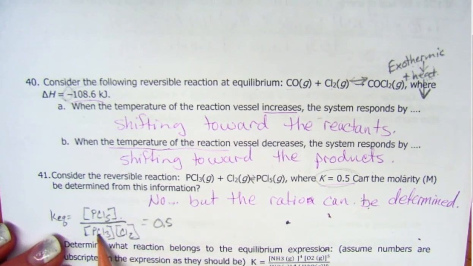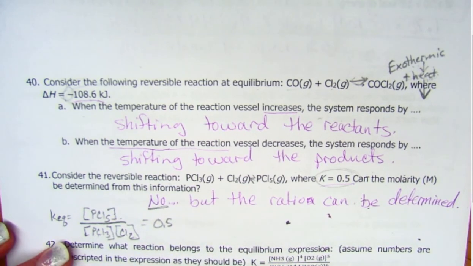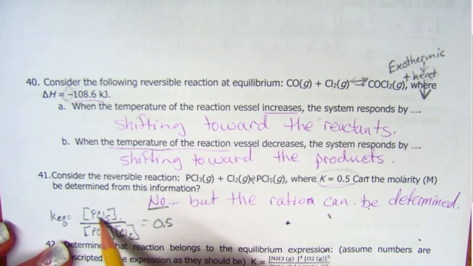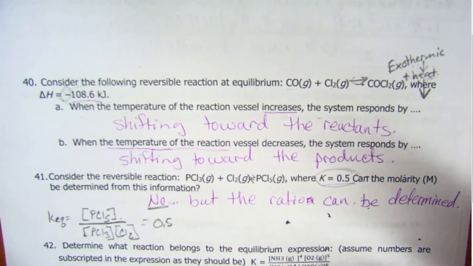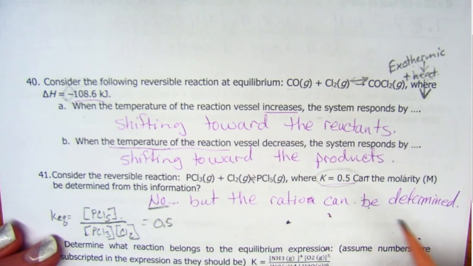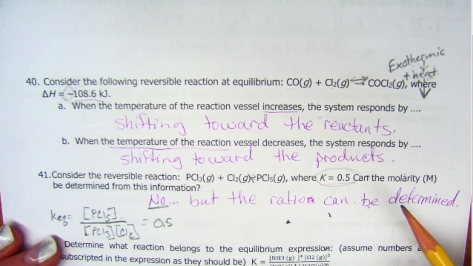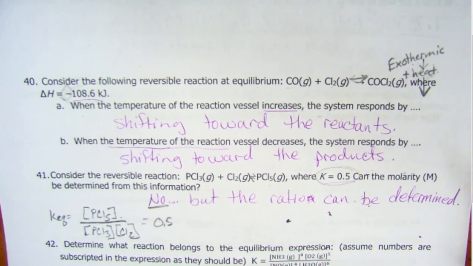The brackets are the concentration. So I can't determine the exact molarity, but I could give the ratio. I could put in X for each of these and solve for it, but that's not going to give me the molarity. So be careful.